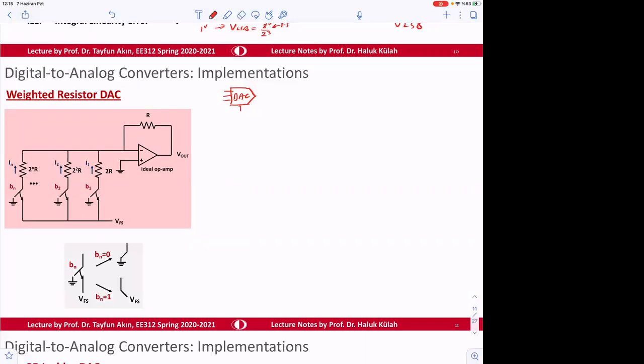And we enter here V reference. And then there's going to be V output. Output voltage will be happening here. Okay, so this is an N bit signal, from 0 to N minus 1.